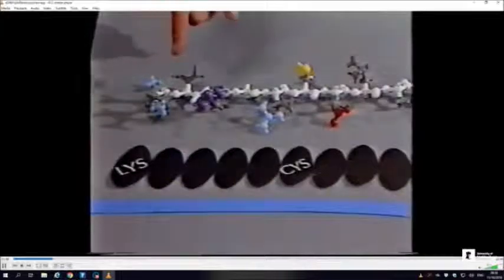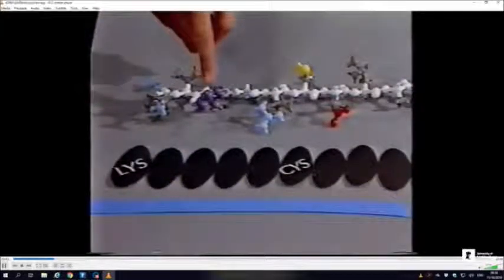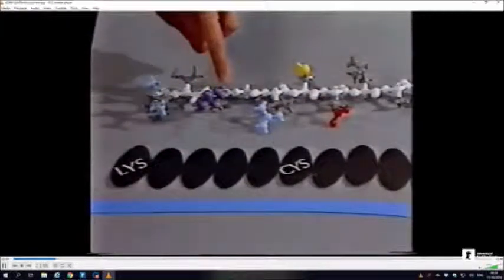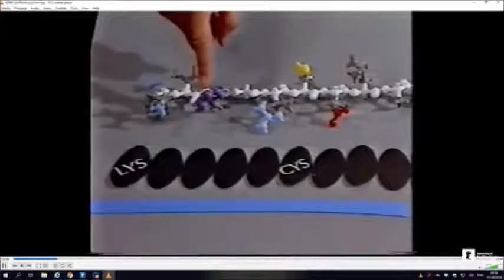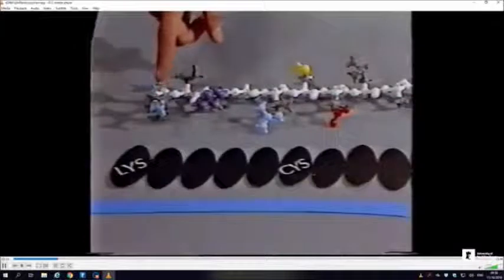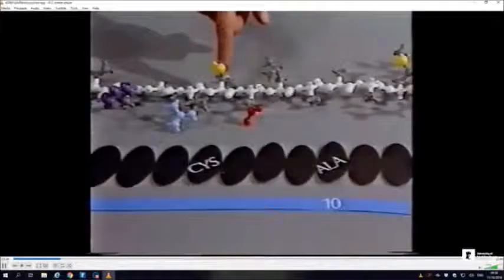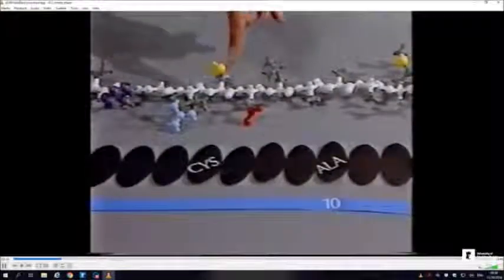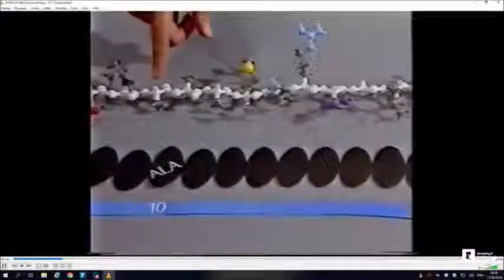And note, as we do so, that in these models, all the atoms other than hydrogen are represented by little balls, and the hydrogens are to be thought of at the ends of the rods coming out of them. The amino terminal residue is a lysine. A little further on, at position 6, we have a cysteine residue. There are 8 of those. A little further again, a cluster of alanine residues in positions 9, 10, 11.